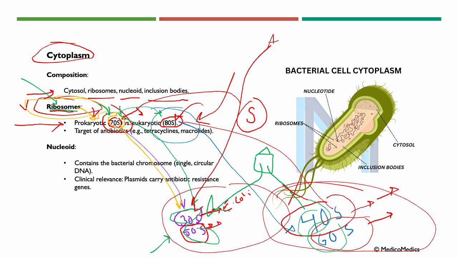Excuse me, that's not right. What they do is they bind to the 30S subunit of the bacterial ribosome, causing misreading. They cause misreading of the mRNA, inhibiting protein synthesis.